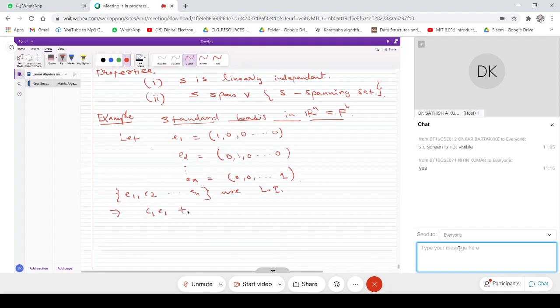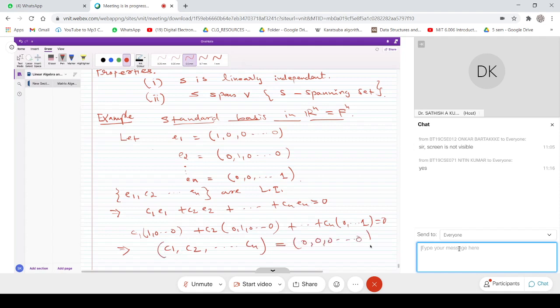We have seen this because if C1 E1 plus C2 E2 plus ... plus Cn En equals 0, so C1 times (1,0,...,0), plus C2 times (0,1,...,0), plus ... plus Cn times (0,0,...,1) equals (0,0,...,0), which implies that one can clearly see (C1, C2, ..., Cn) is (0,0,...,0). Therefore C1 equals 0, C2 equals 0, ..., Cn equals 0.